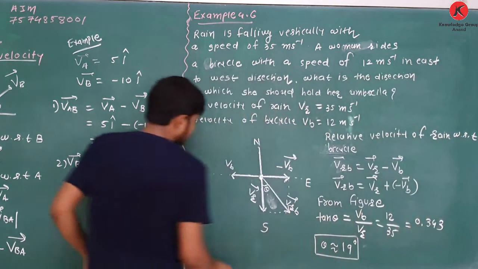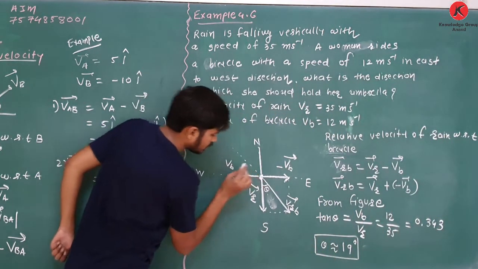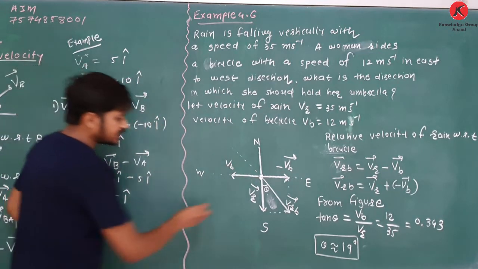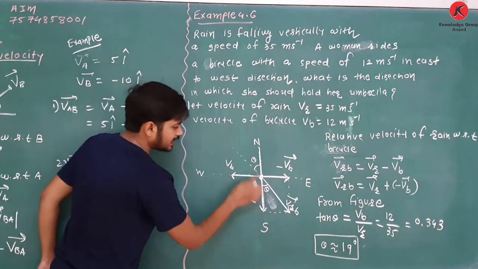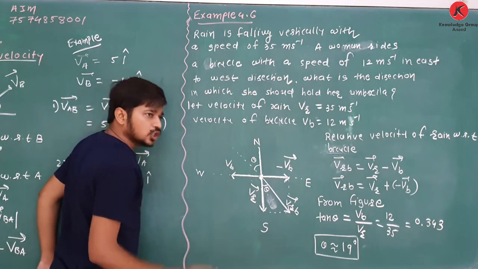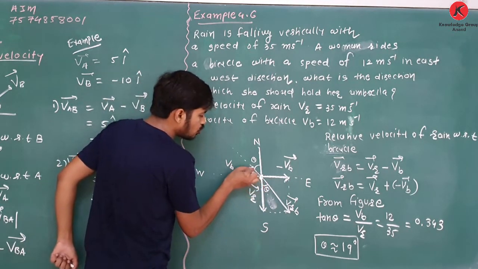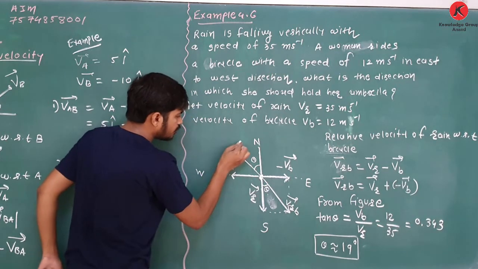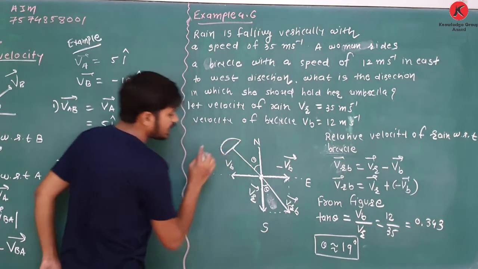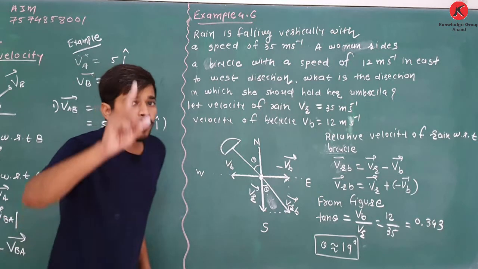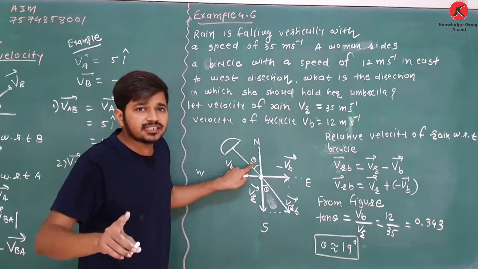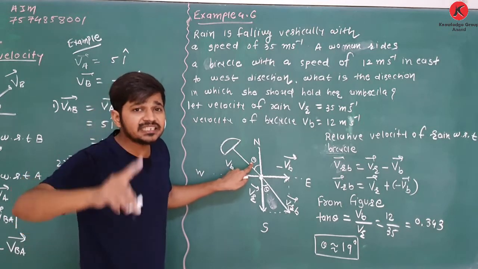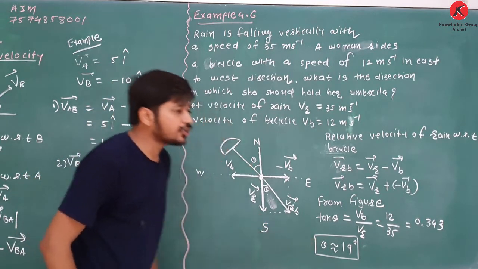If I extend this line here, this angle is also theta. It is 19 degree. So you have to hold the umbrella like this, at 19 degree.